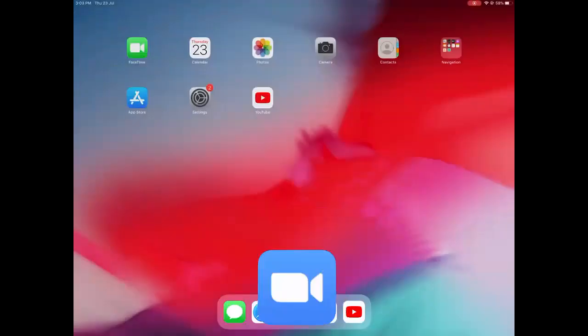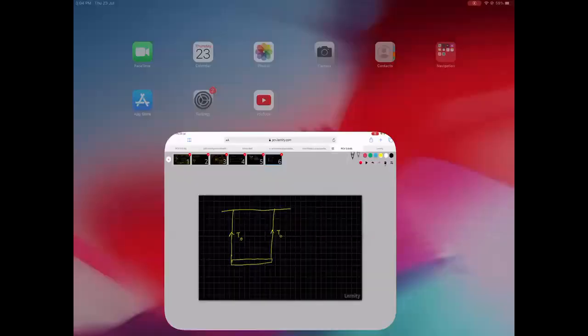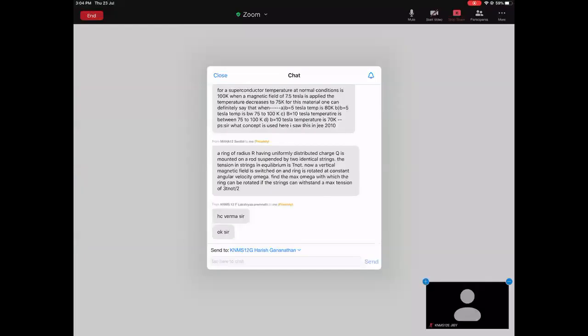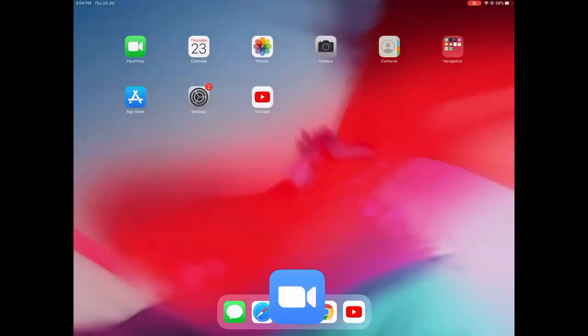So you have a rod here, which is suspended. The tension here is T naught. A ring with uniformly distributed charge mounted on the rod suspended by two identical strings. Vertical magnetic field is switched on and the ring is rotated at constant angular velocity. So now this is the situation.